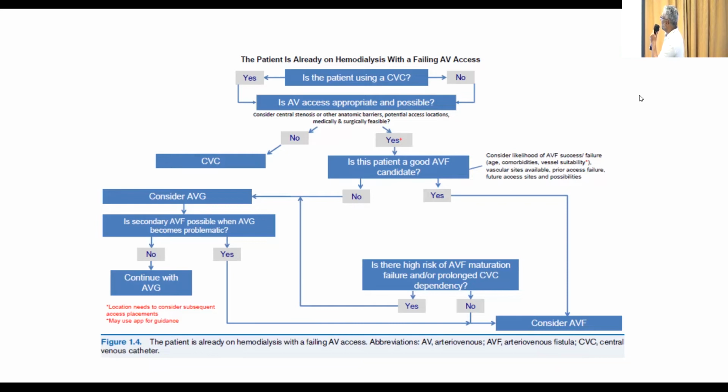Again, age, comorbidities, vessel suitability, vascular sites available, prior access failure, and future access sites and possibilities. If it is appropriate, then go ahead and get your fistula done. But if not, you can reinsert your tunnel catheter, either at the same place or a different place. And if the patient is not a good AV fistula candidate, consider an AV graft, okay?